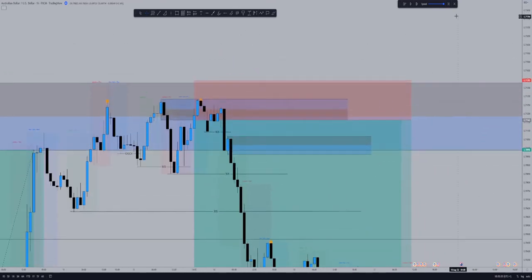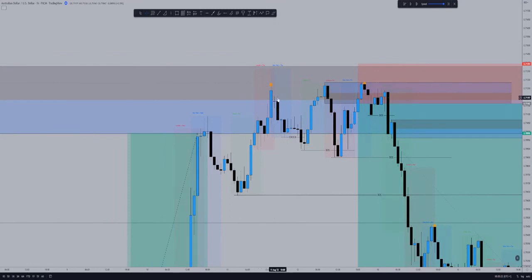Once we were on the hourly, we were looking for price to mitigate the order block, which was done here.